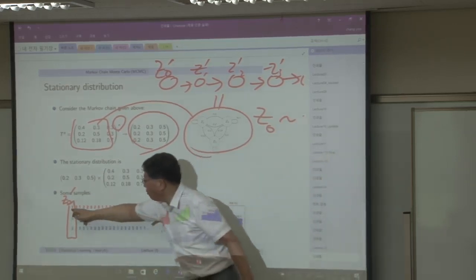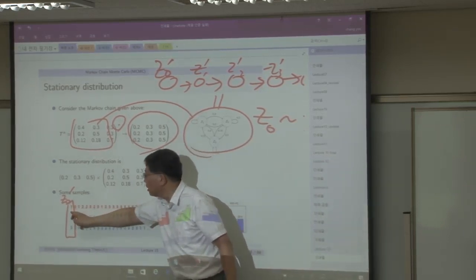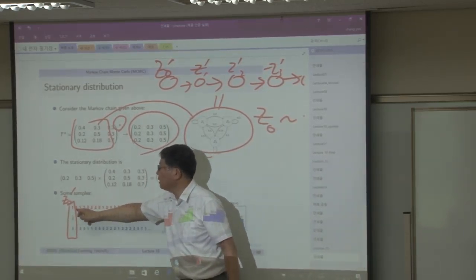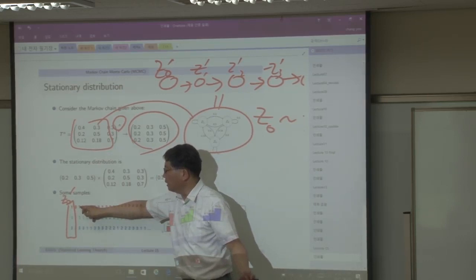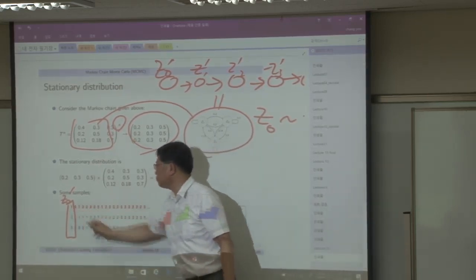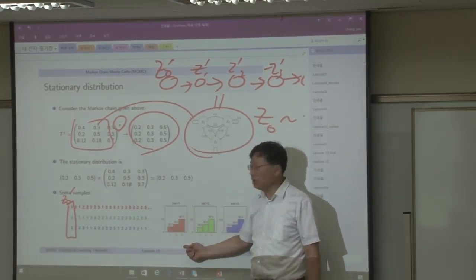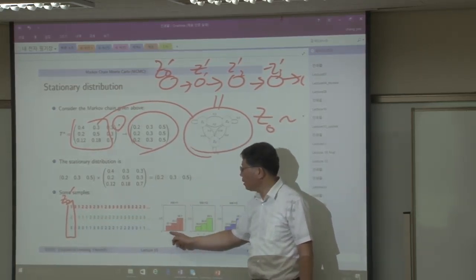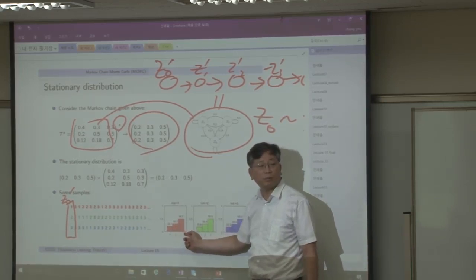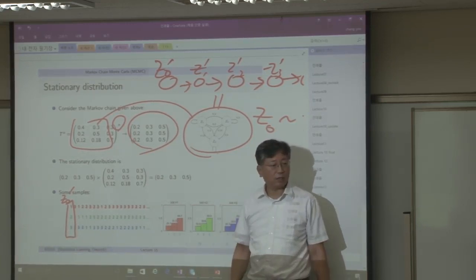So he went through all of this. He started at 1, then rolled a dice and got 3, then rolled another dice and got 1, and so forth. And he plotted the histogram, the distribution of being in state 1, state 2, and state 3.